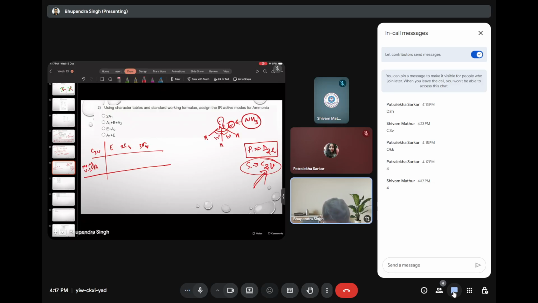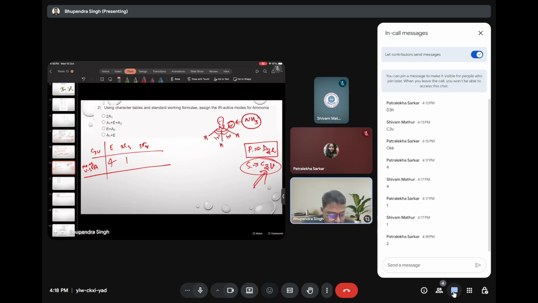And for C3, 1. Sigma V, 2, yes. Now we have to find out the character per atom.